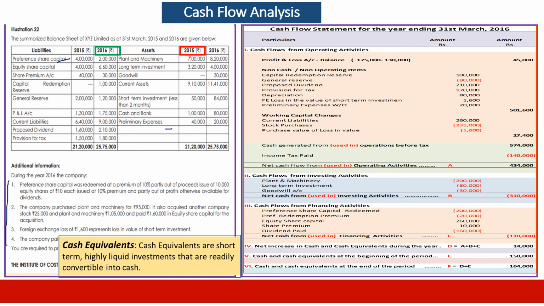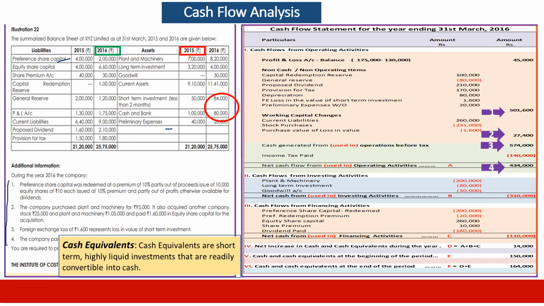Now is the time to strike subtotals and derive the closing balance as per our cash flow statement summary. Non-cash expenses, working capital changes, total cash generation, and net cash flow from operating activities is 4,34,000.